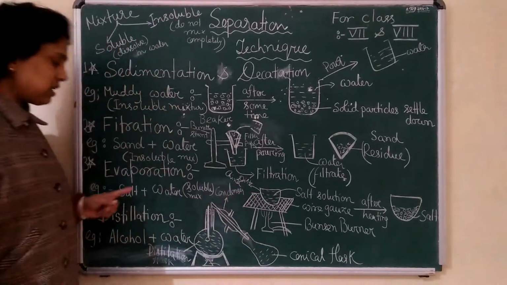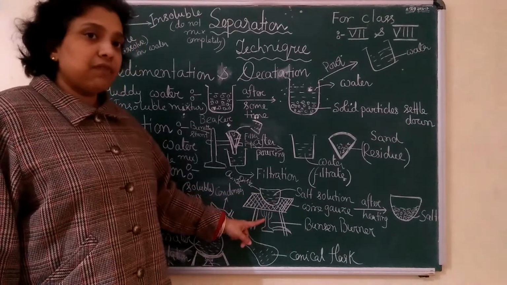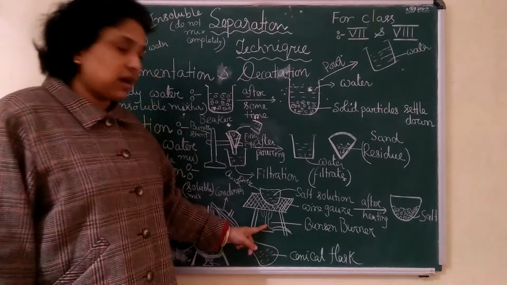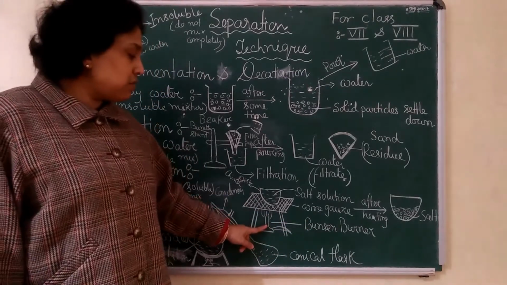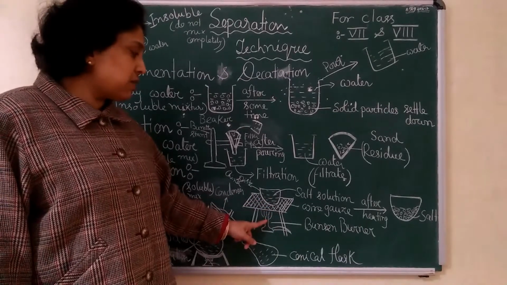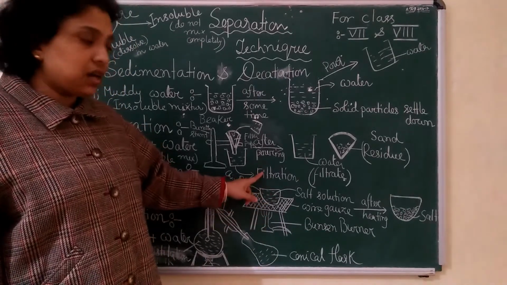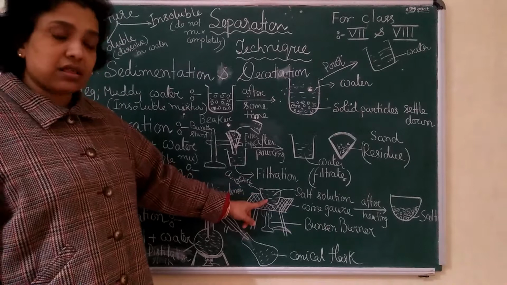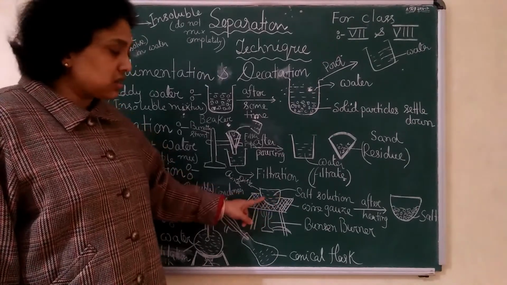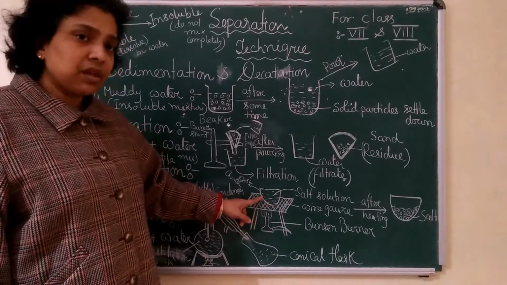In the china dish, this salt and water mixture is taken, and then you heat it by using a Bunsen burner. This apparatus is called a Bunsen burner. If you heat this solution with the help of the Bunsen burner, after some time what will happen? The water will evaporate out and the salt particles will make white crystals or white residue in that china dish.